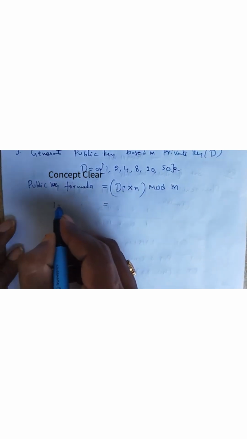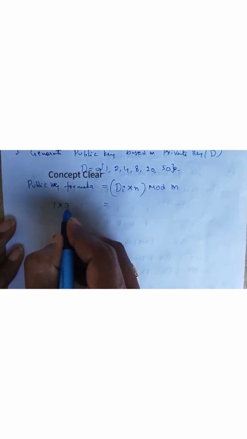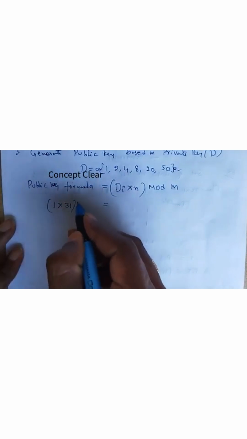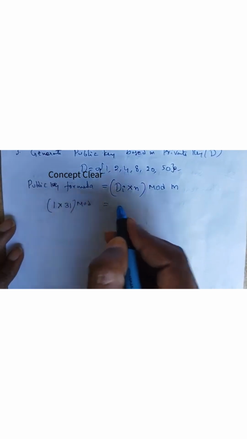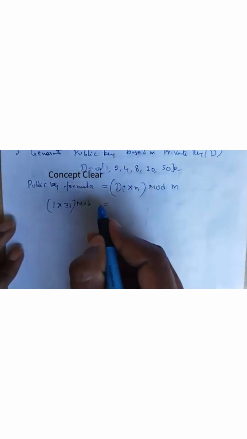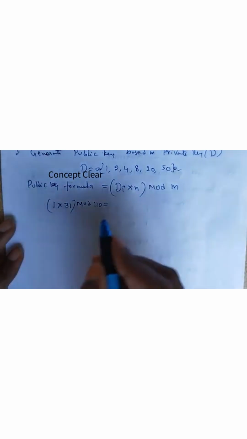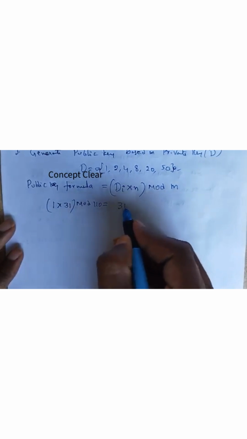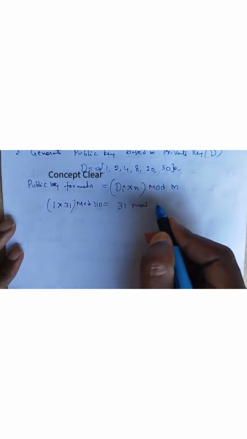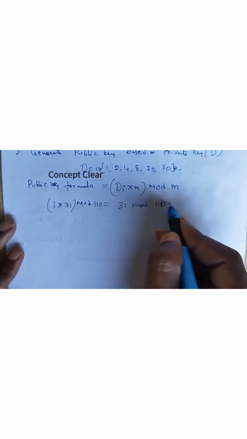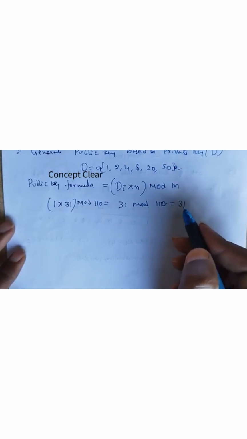So the first value: 1 into n value, which is 31, mod m value, which is 110. If you calculate 31 mod 110, that equals 31. The remainder value we will consider here, 31.